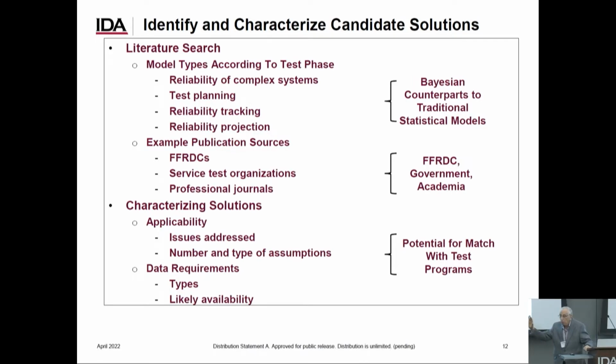So characterize it that way, and we want to characterize each of the issues not only that way, but what are they good for? What issues do they address, such as do they calculate initial reliability well, and what are their assumptions, because that'll feed back later into whether you can use them or not. In addition to that, they work great in principle, but what kind of data do they need? Will the data be available for a typical program?